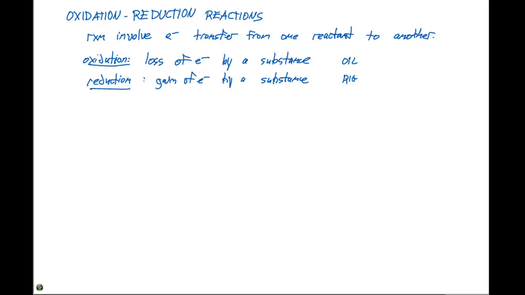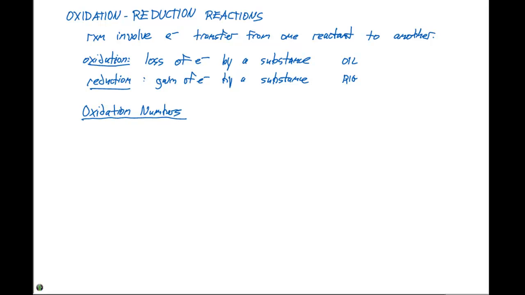So we need some type of way to keep track of all of these electrons that are moving around in these reactions. So we come up with a term called oxidation numbers. And oxidation numbers are going to follow a set of rules so we can analyze these reactions a little more deeply.